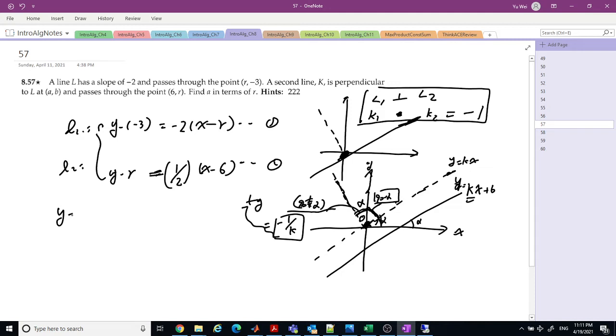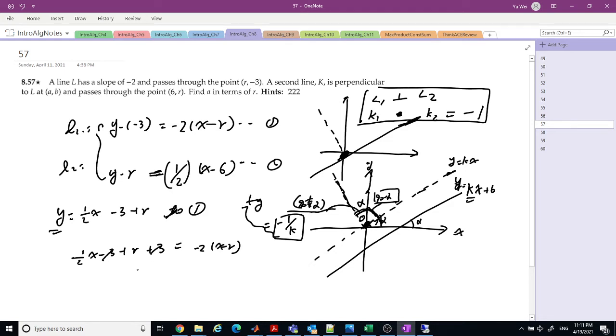From equation 2, y equals half of x minus 3 plus r. Then we can replace this into equation 1. So half of x minus 3 plus r, then plus 3, equals negative 2x minus r.